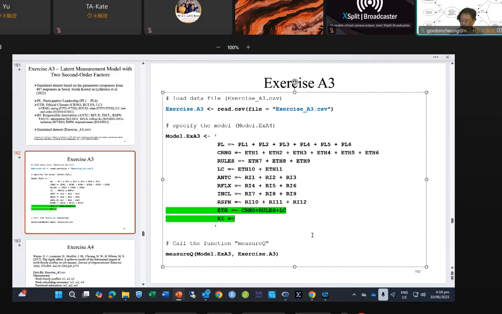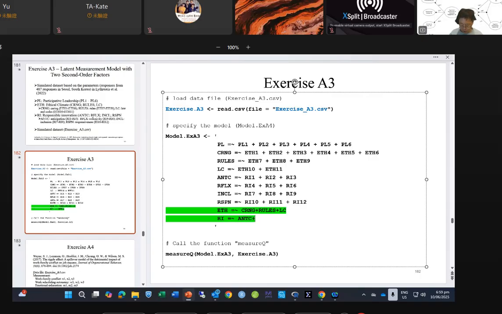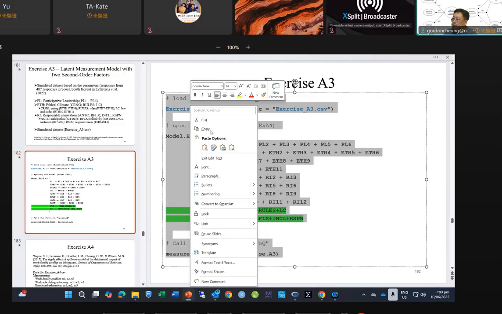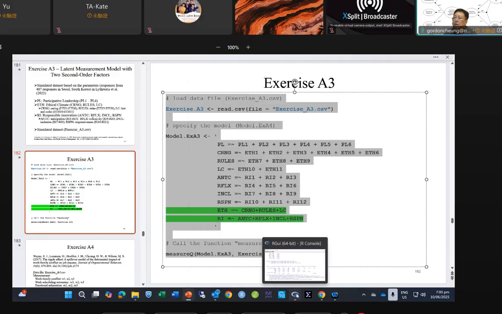Both second order factors should be at the end. RI is ANTC plus RFLX plus INCL plus RSPN. So I've completed my model. And then we can copy and paste this to R.